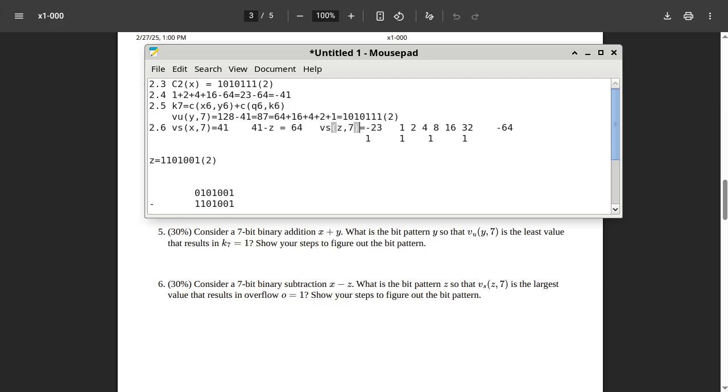So if I need VS Z7 to be negative 23, the only way to do it, once I do this, I misaligned everything else, so I have to realign everything here like this. This is the only way to make it happen, because the only way to end up with a negative value is to have the negative 64 component. But once you have the negative 64 component, I need the rest to add up enough that I end up with a negative 23 based on the VS definition. So that's how I can figure out the bit pattern for Z has to be 1101001.